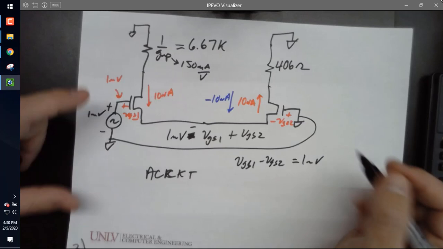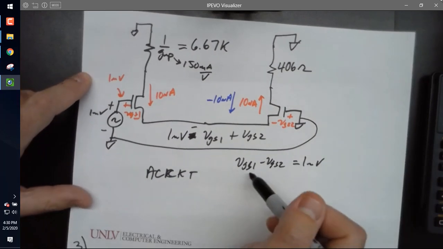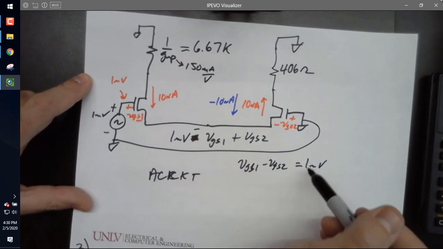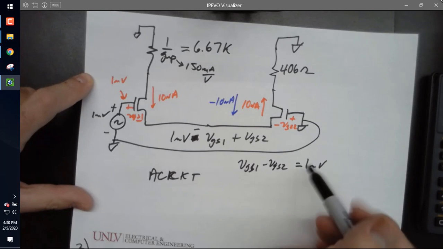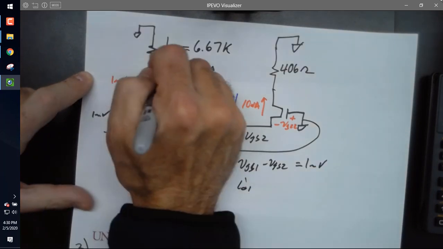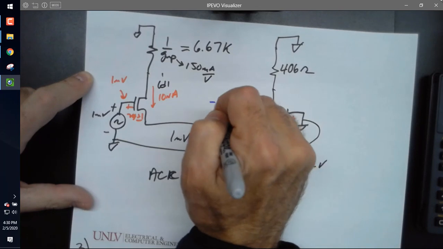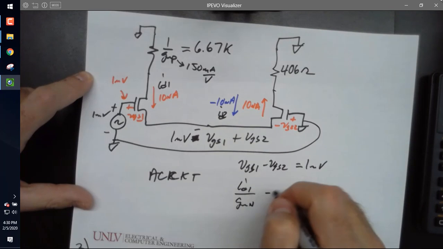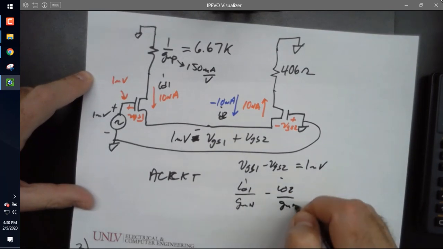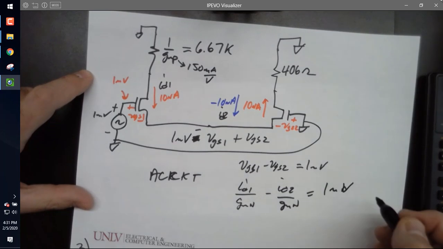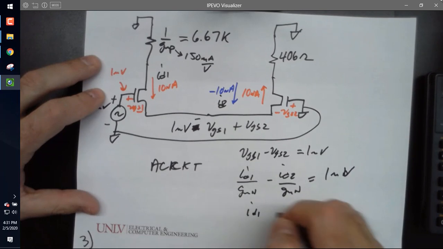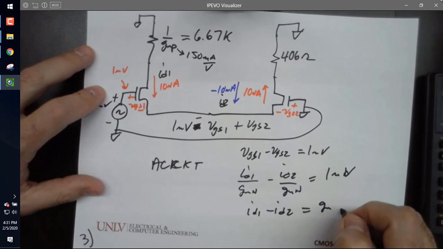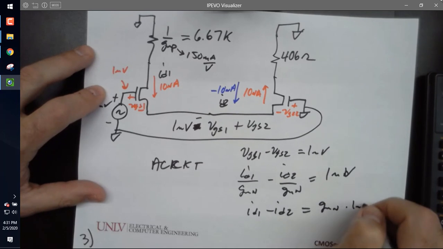Now, I can look and say that these have to be equal and opposite, so VGS1 would be half a millivolt, VGS2 would be minus half a millivolt, and they would sum to 1 millivolt, but I want to prove it. So I'm going to write ID1, ID2. So ID1 over GMN minus ID2 over GMN equals 1 millivolt. Or ID1 minus ID2 equals GMN times 1 millivolt.